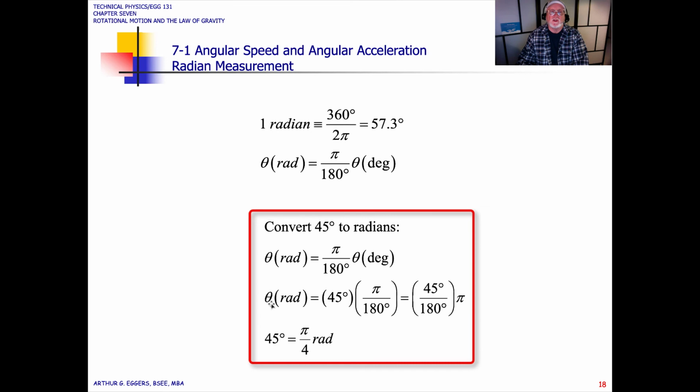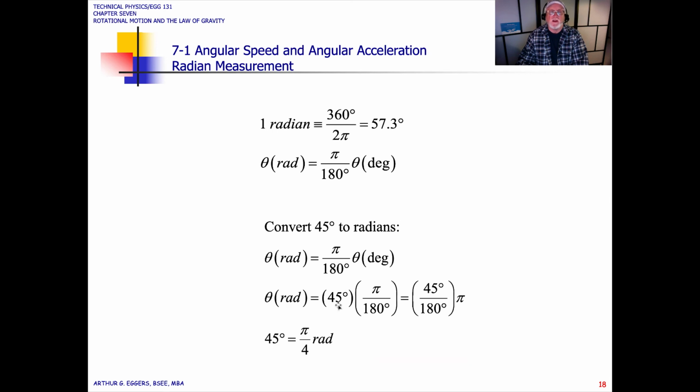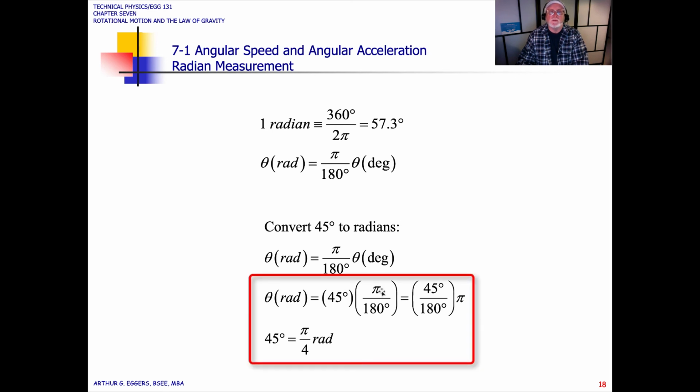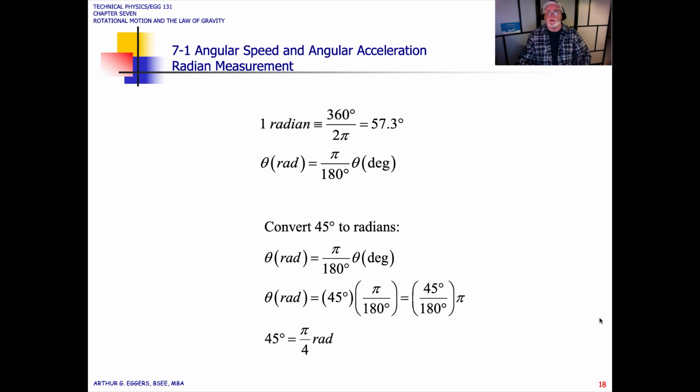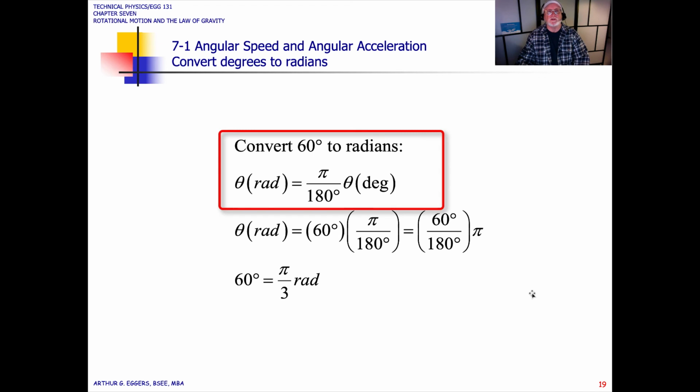So to determine the radians of 45 degrees, we multiply by pi and divide by 180 degrees. So 45 degrees over 180 degrees times pi gives us a value of pi over 4 radians. You'll get used to doing this as we move through the examples.